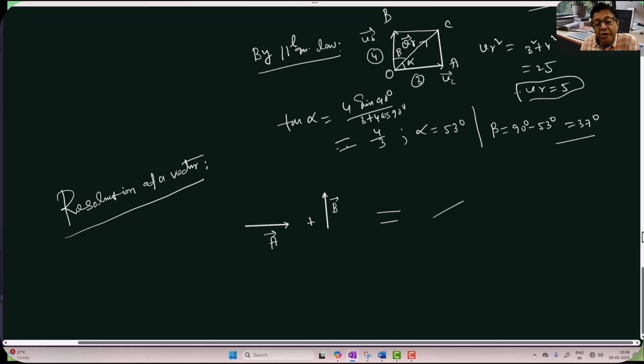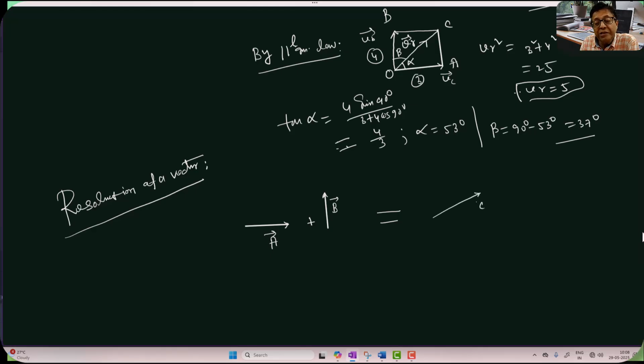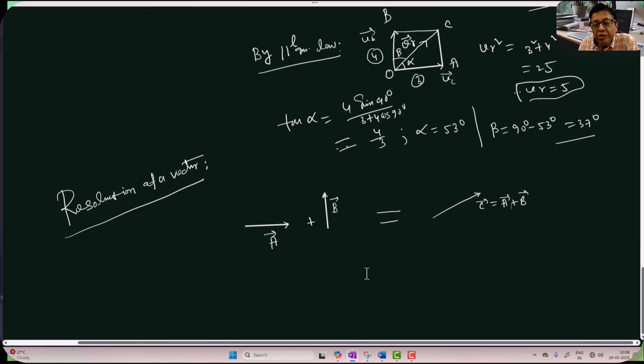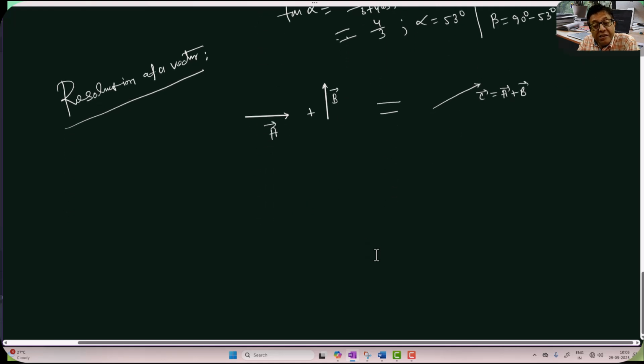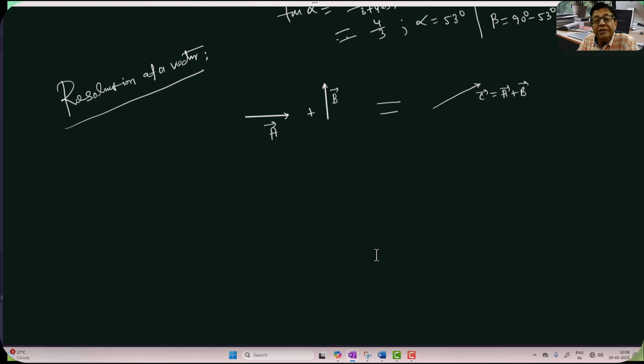You use triangle law or parallelogram law, you get a vector C, which is equal to the vector sum of these two vectors. So you have added two vectors here. This is addition of two vectors. You have done it by triangle law or parallelogram law, there is no difference.